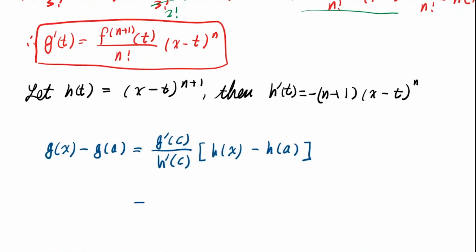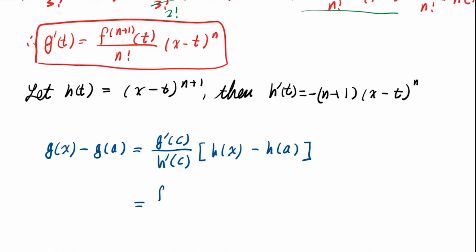Okay, so this g of x minus g of a now is, this g prime is this thingy, right? Except we need c, because as long as Cauchy's theorem applies to all functions, any g, any h, right? So I'm using that g and this h here. So all I have to do is just replace t with c. Good.